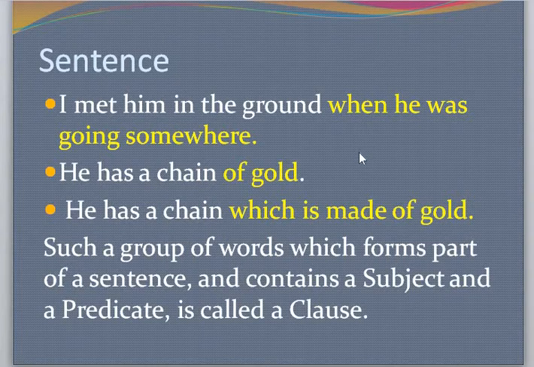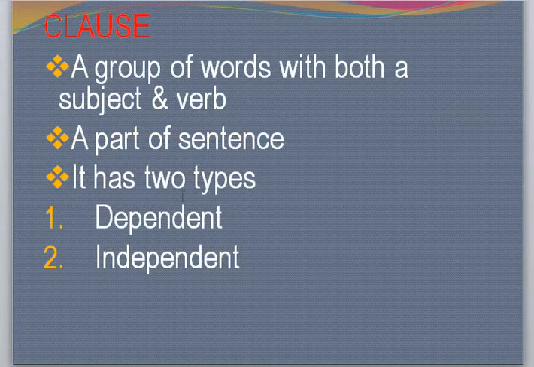An independent clause is a group of words, right, that contains a subject and verb and expresses a complete thought. As the name implies, independent clause means which is independent. So an independent clause contains subject and verb and it always expresses a complete thought.